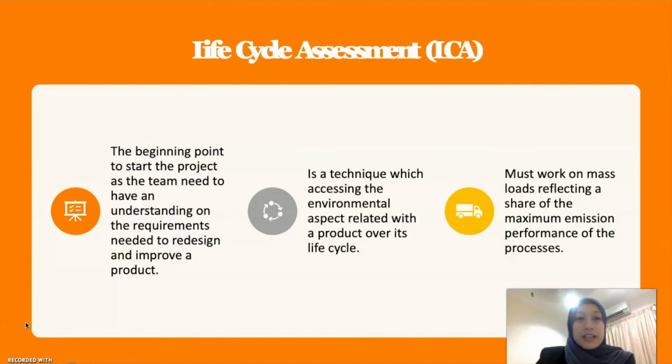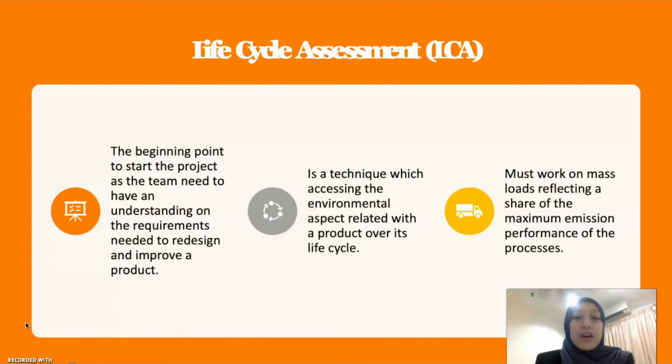The first one is life cycle assessment. First of all, the beginning of this project as a team started with the understanding of the requirements needed to redesign and improve a product, followed by the technique of assessing the environmental aspects related to a product over its life cycle.